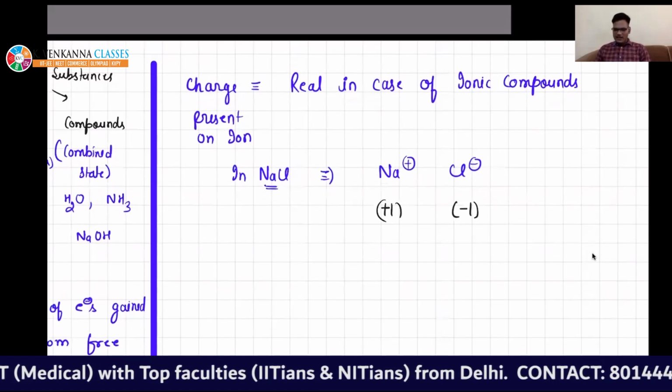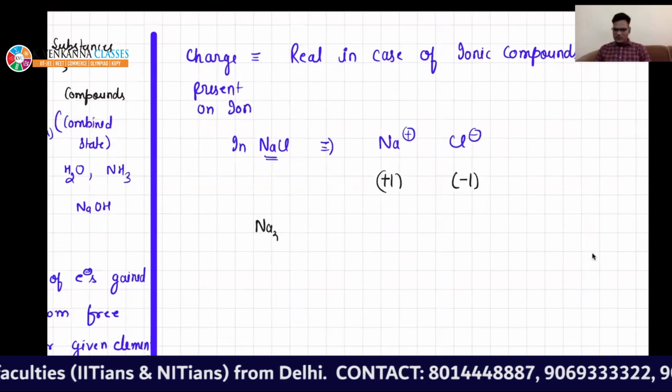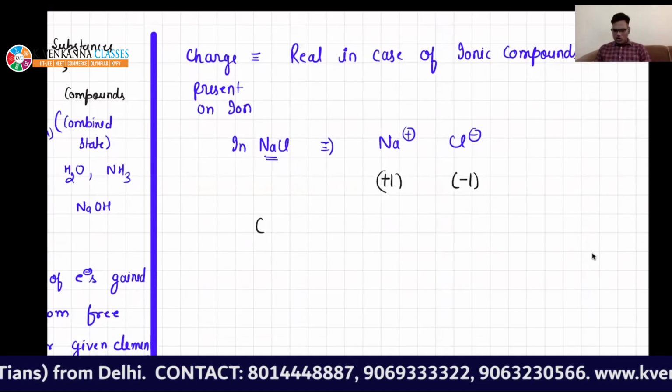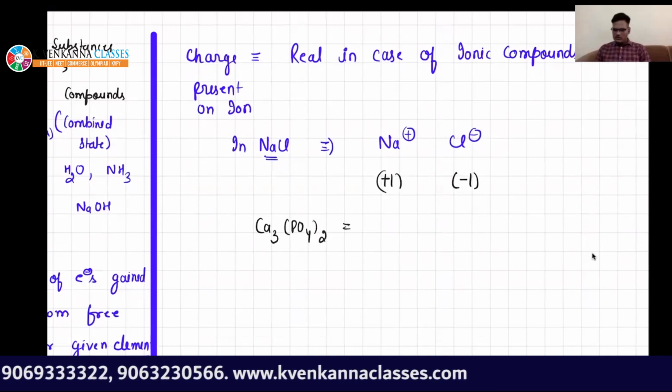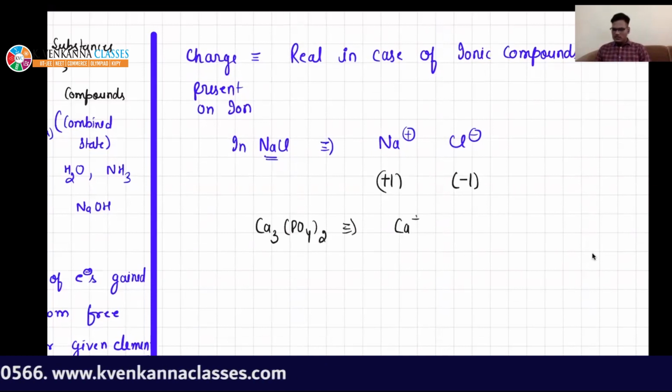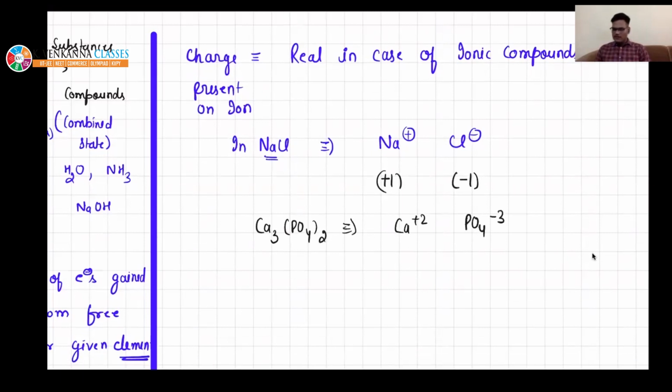Similarly, if I take another example, Ca3(PO4)2, in this case calcium is +2 and the phosphate is -3. So the oxidation number of calcium is +2.